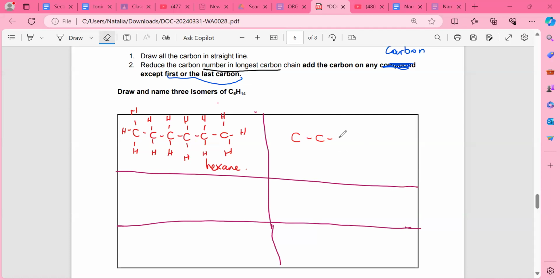1, 2, 3, 4, 5. Then I'm going to make sure each carbon is bonded 4 times.